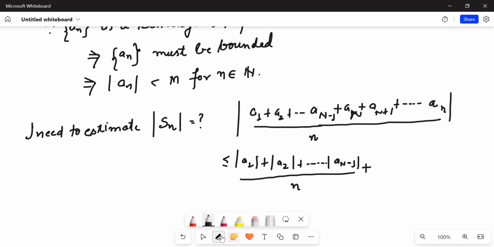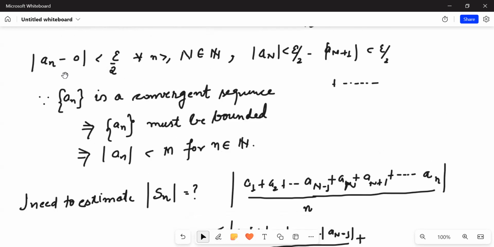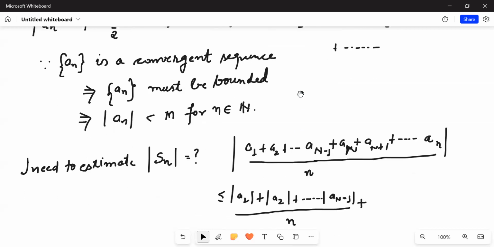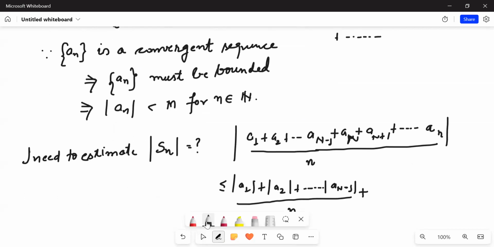I have already told you that if an converges to 0, then the modulus of an minus 0 can be written less than epsilon by 2 for all n greater than capital N. So all these terms, the modulus of an, can be written less than epsilon by 2. That is what I'm doing, writing them all less than or equal to epsilon by 2.